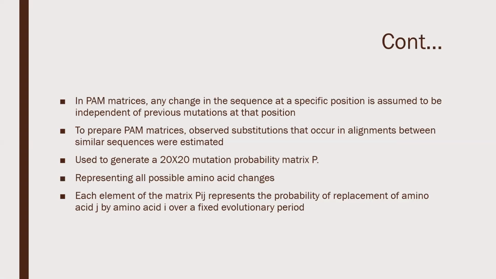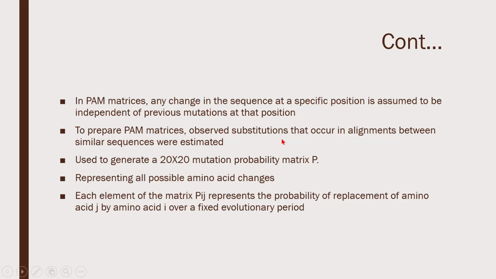Then this information is used to generate a 20 by 20 mutation probability matrix. Since it is a probability matrix, we shall name that matrix P.